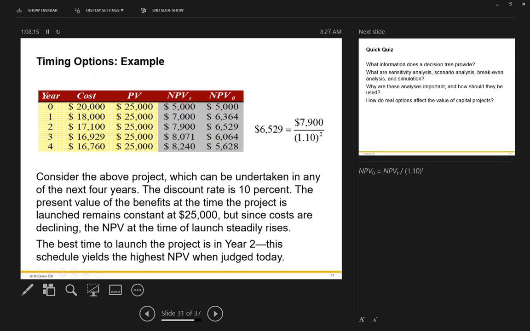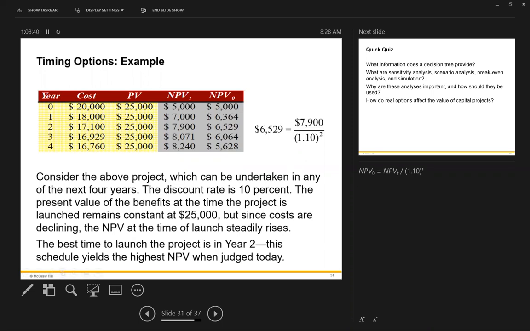So of course, net present value at time 0 would be 5,000, the same as the net present value. But at the end of year 1, it would be 7,000 divided by 1.10. At the end of year 2, it would be, as you can see there, 7,900 divided by 1.10, 1 plus the discount rate to the second power.